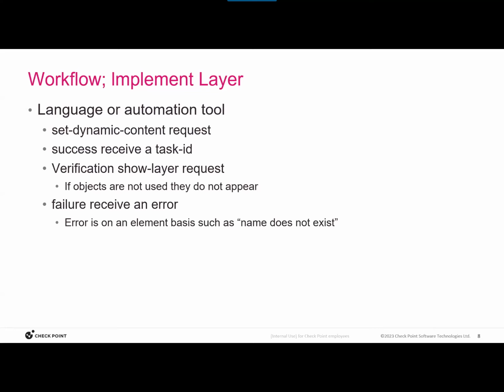So then if there's a failure with any of that, the logic shows an error that's related to the smallest element in the JSON that you're sending. As an example, if you're sending an element that has a name in it, it'll just say name does not exist because some mistake occurred, like a space was used inside of the labels in the name key value pairs.